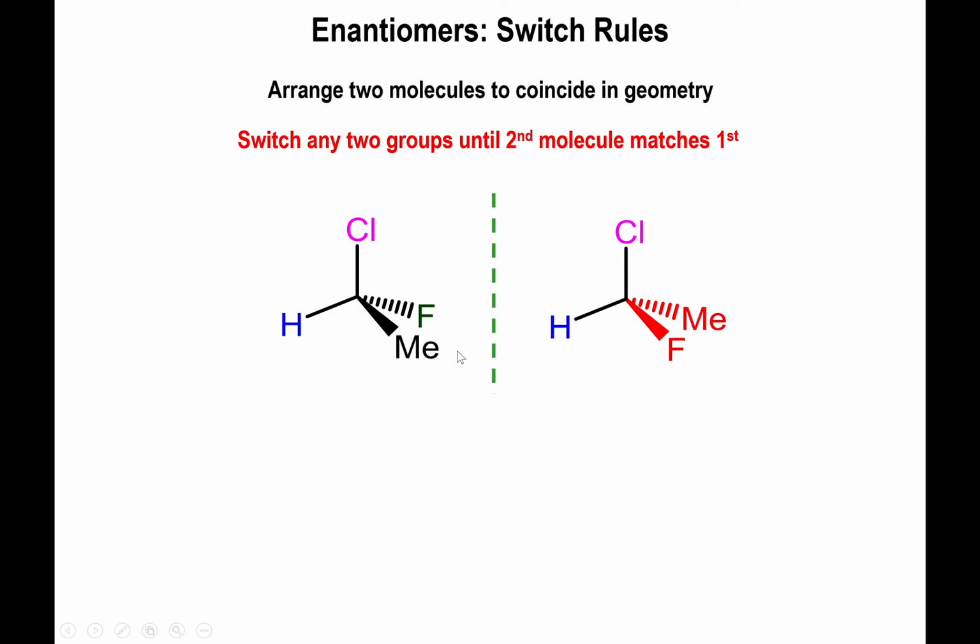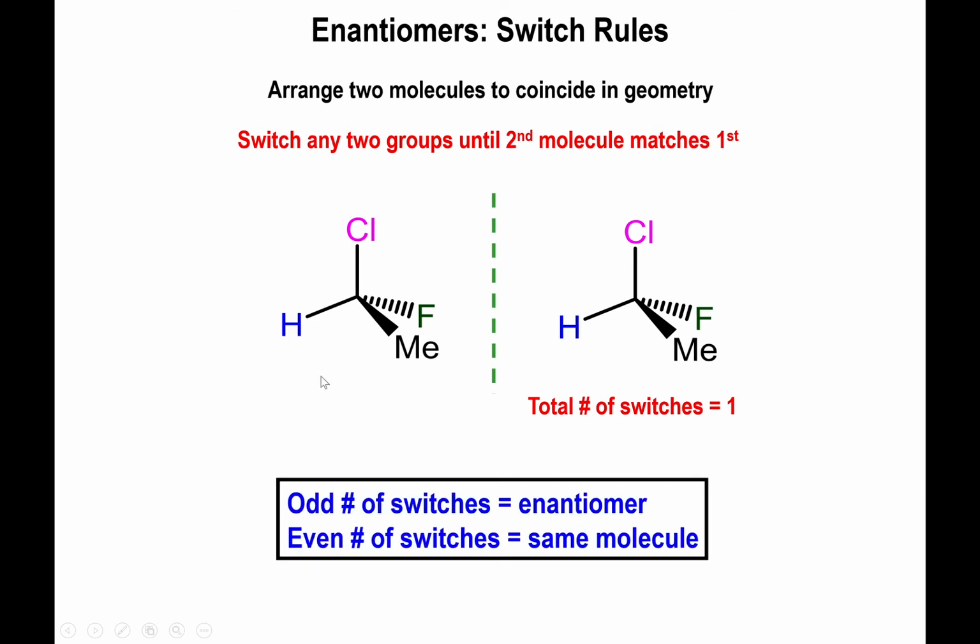So what I'm doing here is noticing that the methyl and fluorine groups are different in the second molecule. So what we're going to do is simply switch their positions. And that switch that just happened counts as one switch. And what you'll notice right now is that this second molecule, the mirror image, when I underwent that one switch, makes me now have the first molecule that I started with.